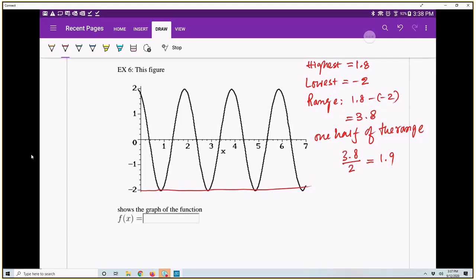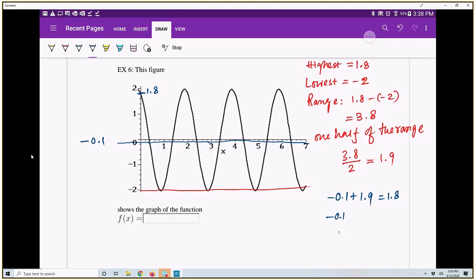What does that tell me? That tells me that this function that we are trying to understand would have the center line at -0.1. I will tell you why that should be at -0.1. If this is the center line, -0.1, and you add 1/2 of the range, then you should get 1.8, which is the highest point of my cosine function.